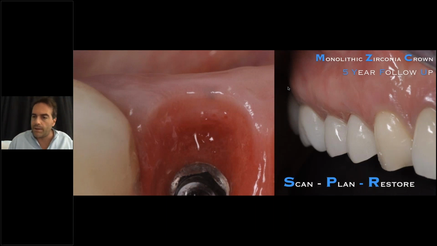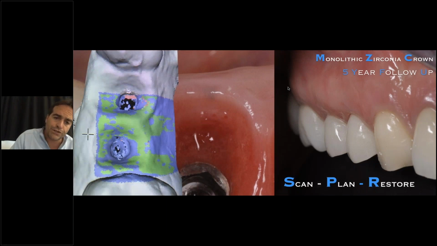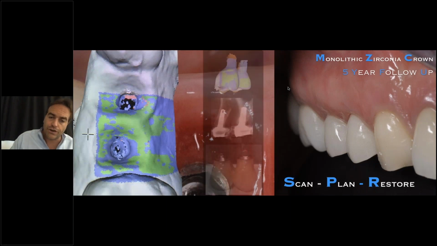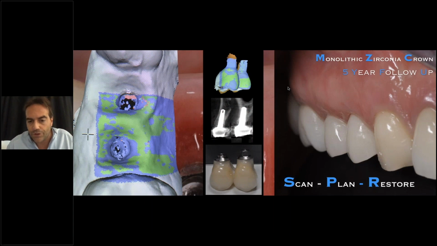We scan, we plan, we restore. Of course, we need to have a combination of technologies, traditional knowledge, and new materials. New available materials that are offering us great strength and great optical properties to maximize the aesthetic and the quality of our work that, as I said at the very beginning of the day, never has to be decreased.